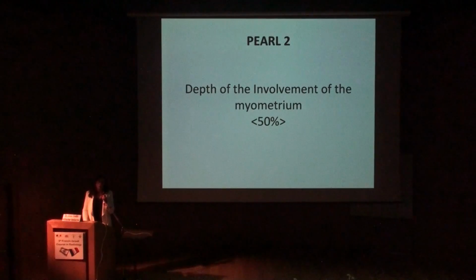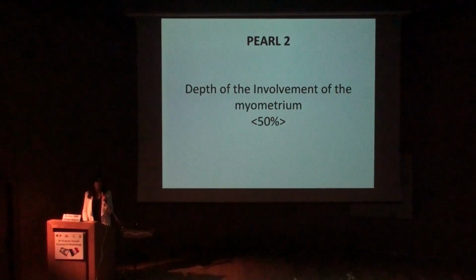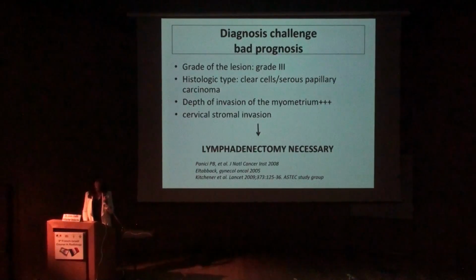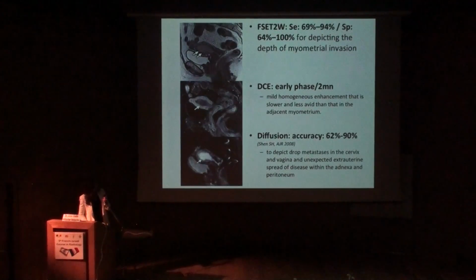The thing that is very important to write in your report is the involvement of the myometrium. Is it inferior or superior to 50%? Because if it is superior to 50%, it is a bad prognosis, and lymphadenectomy will probably be necessary.